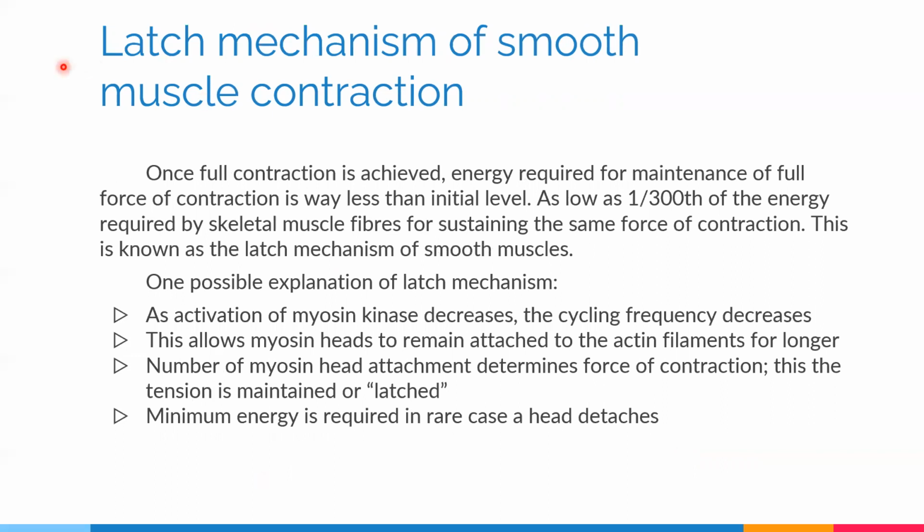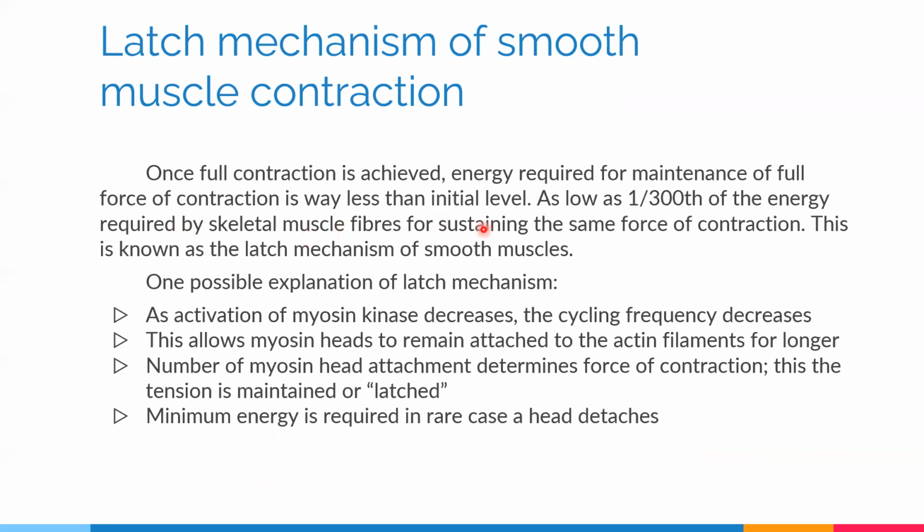Next, we move on to the latch mechanism of smooth muscle contraction. Once full contraction is achieved in smooth muscles, the energy required to maintain the full force of contraction is way less than the initial level.